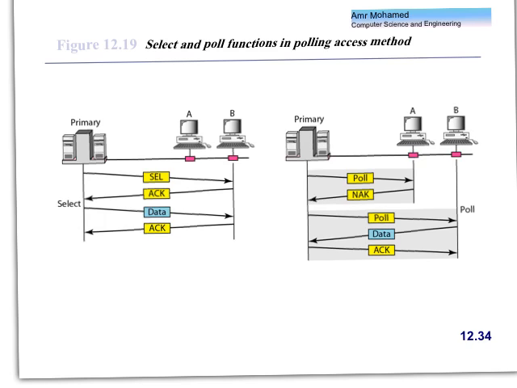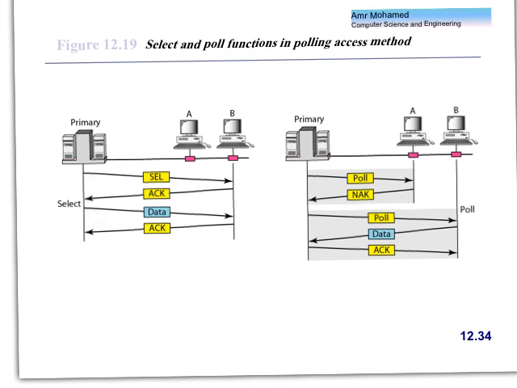So first I have to select one particular station, and if that station is not ready, it will send me a negative acknowledgement, which means I selected it and it's not able to receive data, so I go to another one and come back to it later when it's ready. But if I receive an acknowledgement, this means that this station is ready to receive data, so I send the data and wait for acknowledgement.